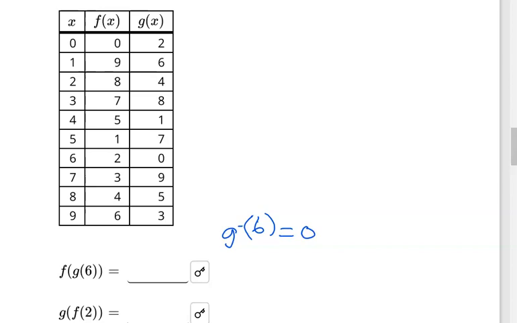Since I have 0 as a result of g of 6, that means I'm looking now for f of 0. f of 0 equals, well, I get 0. f of 0 gives me 0.